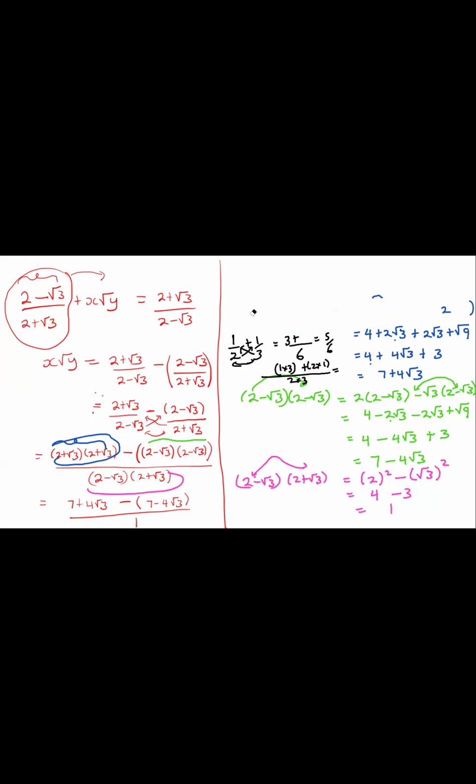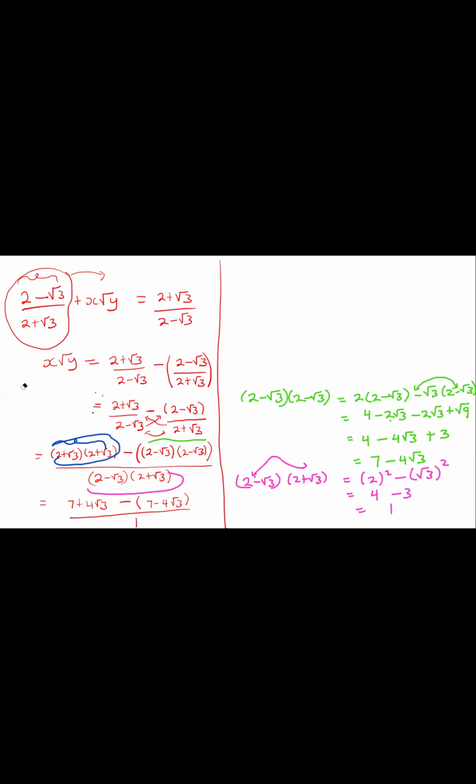So now I'm removing this since I've already showed you. I'm going to clean here. So when I come back here, I'm going to have 7 plus 4 root of 3 minus, now I'm going to open here. I'll have minus 7.